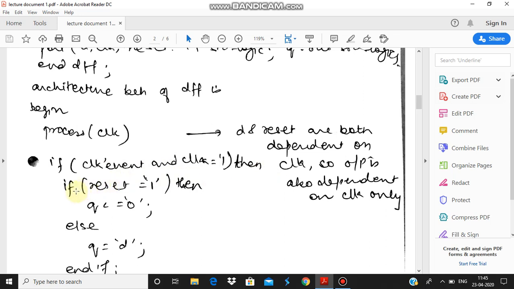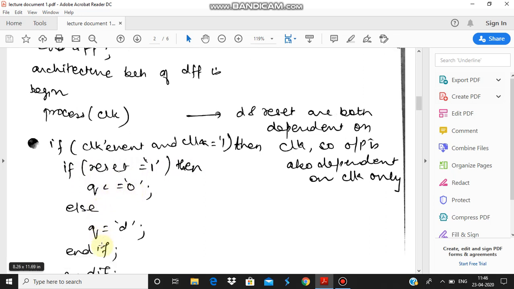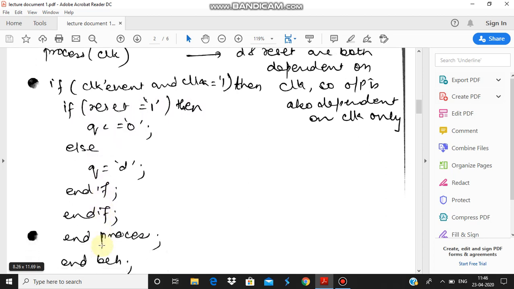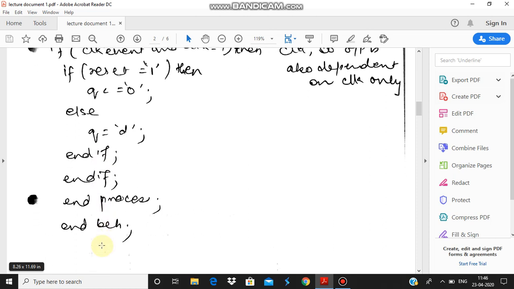When the clock is going from 0 to high, and reset is also 1, then your output Q will be 0, else Q becomes equal to D, right? End if, two ifs so two end ifs, and end process and end behavior.